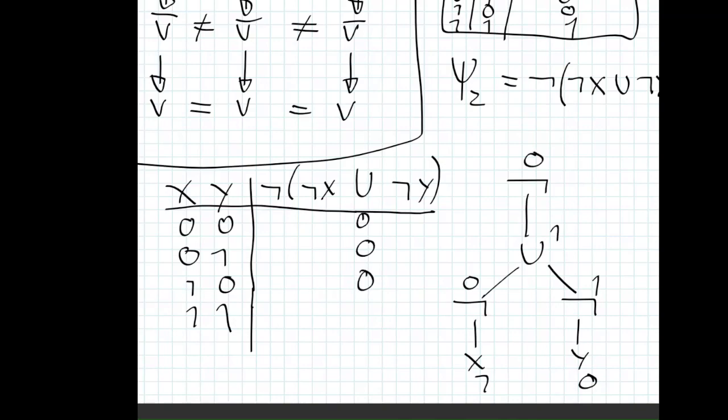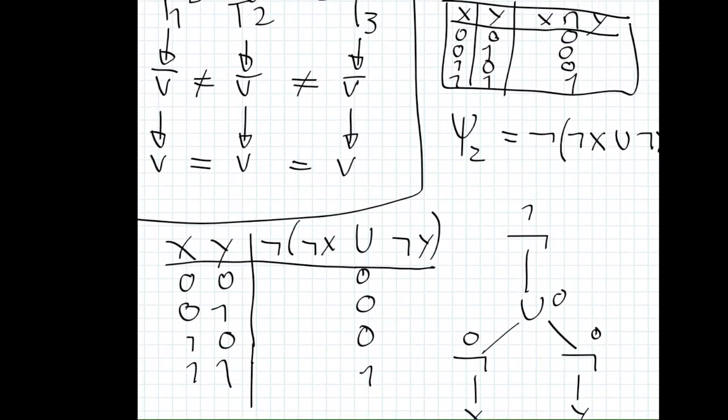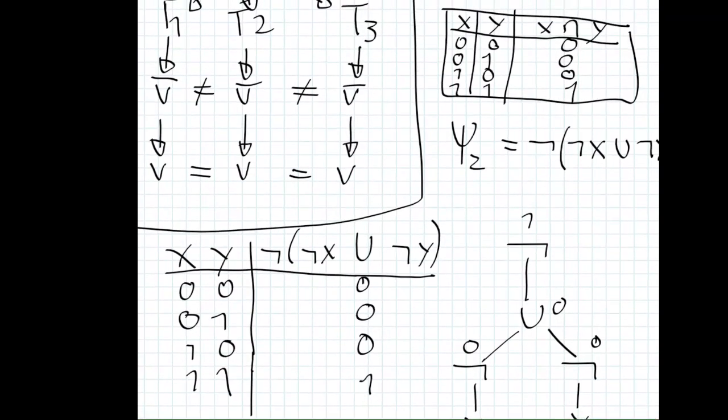And finally, we have a 1 here, which becomes 0, the disjunction will be 0 and the result of the negation will be 1. So we have 0, 0, 0, 1. And that is the exact same as we obtained before in this truth table.